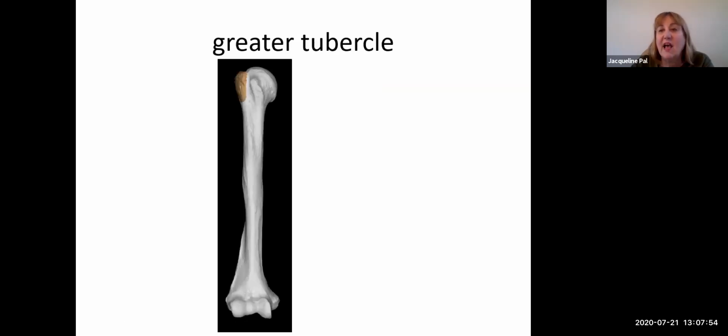The most lateral bulge is called the greater tubercle of the humerus. It's called the greater tubercle because there are two: a big one and a little one. If you look at one side of the proximal end, you will see a second lump.